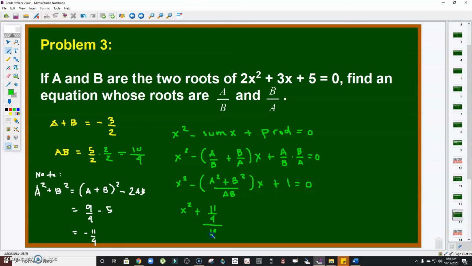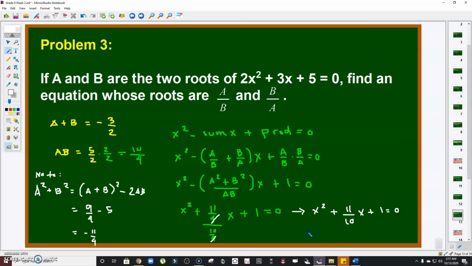So I make this 10 over 4, x plus 1 equals 0. Now, why did I do that? So that I can cancel the 1/4. So this will become x squared plus 11 over 10 x plus 1 equals 0.